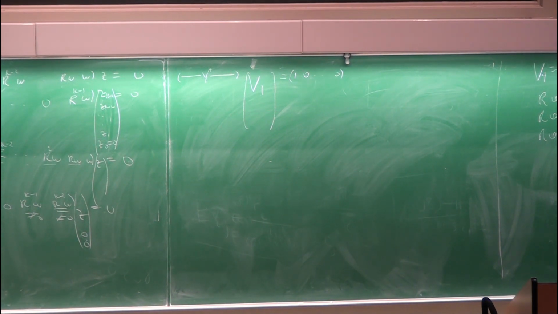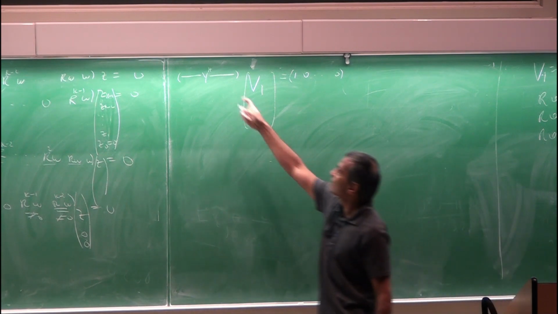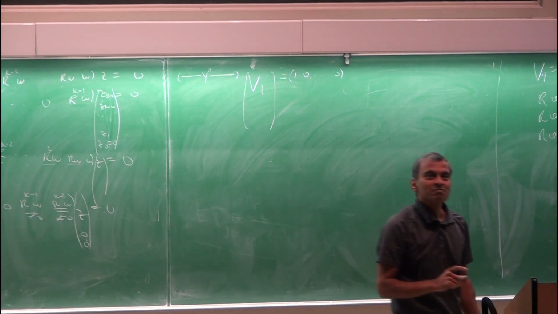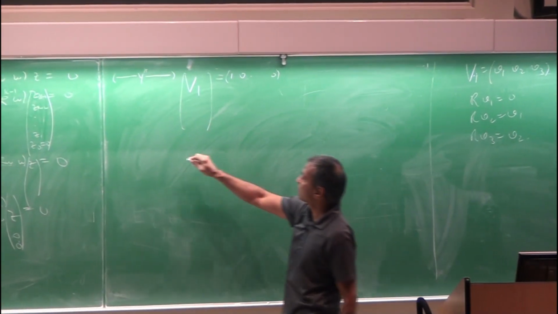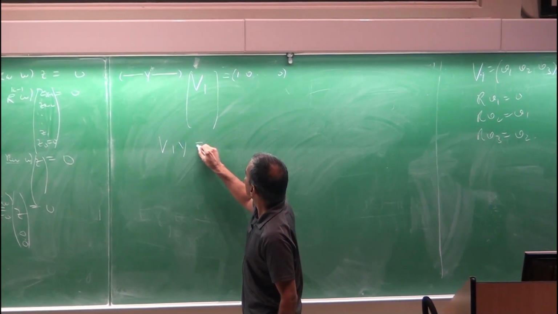The first row of W is the start of the Jordan chain, and the bottom is where the eigenvector lies. So it makes sense that we just try to find such a row vector. The problem, of course, is that it is highly non-unique, because if you look at this equation, it is just V1 times y is equal to e1.